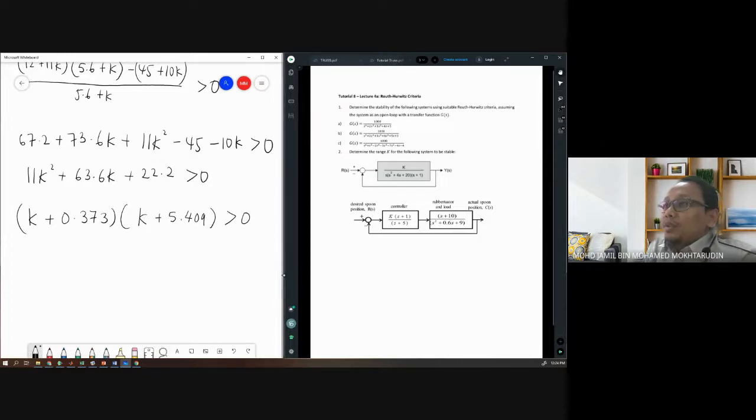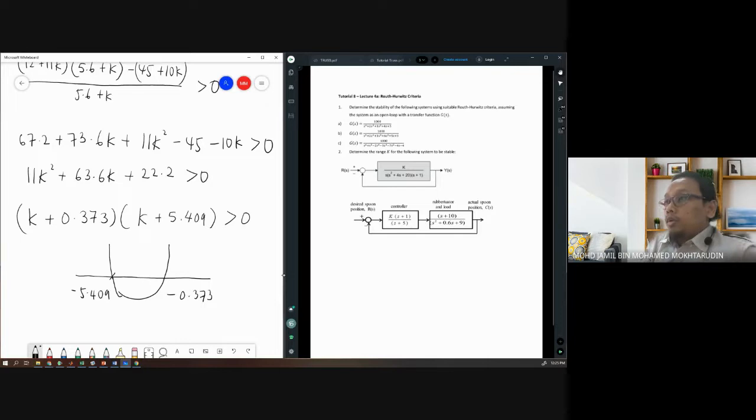So it is a quadratic curve case. So we have negative 5.409 here and 0.373 here.